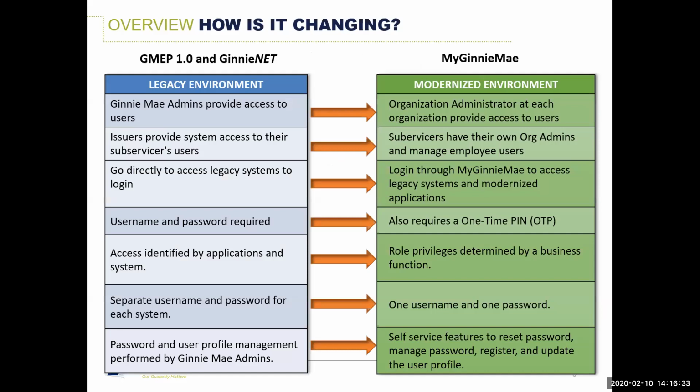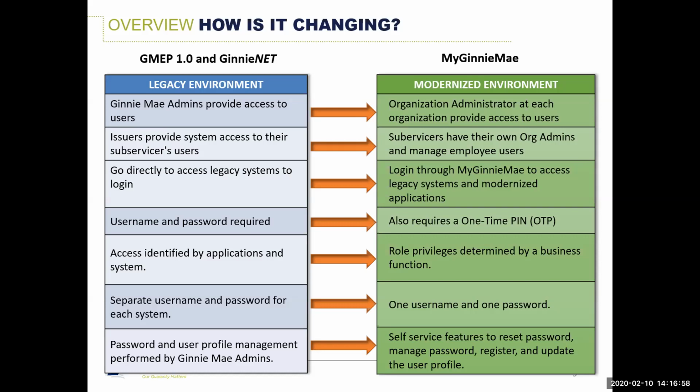Okay, so here's how things are changing. In our legacy environment, which is GMAP 1.0 and GinnieNet, GinnieMae admins through the Bank of New York Mellon provided access to our users. In MyGinnieMae, our modernized environment, it's actually the organization administrators at your organization that provide each user access to the system.